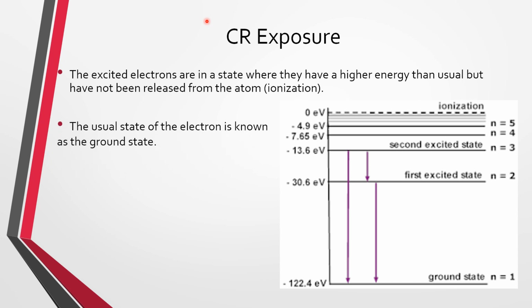The usual state of the electron is known as the ground state. So we can see the ground state here, and depending on how energized the electrons become, they can be in different excited states. And once they've received so much energy, they become ionized.